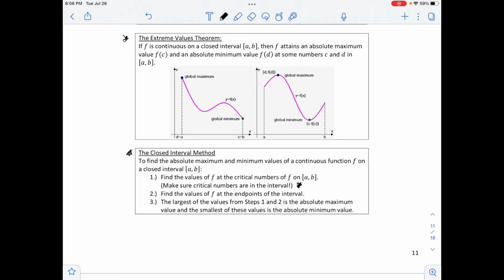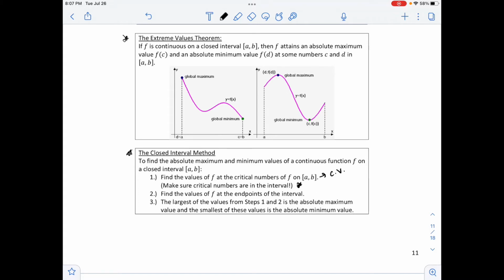So again, what we need to do is find our critical values, and you need to make sure that those critical values are in that interval. So sometimes the interval might be from 0 to 2, but your critical value is -7. So do not include that because it's not in that interval. And then the next thing you need to do is substitute these in to find the y values for these. So the height would be what you're finding, that maximum or minimum part.